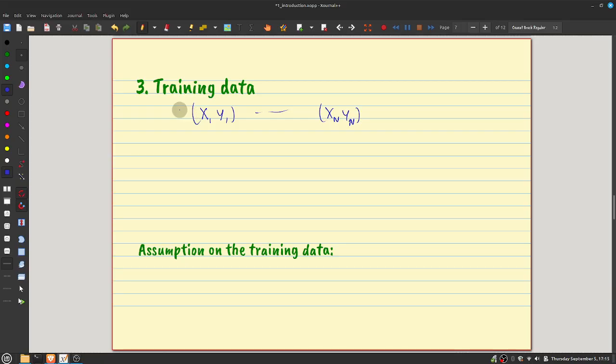And if we are to design a good learning algorithm, then the training data has to be representative of the ground truth. Otherwise, there is no hope. So in particular, we'll assume that these xi, yi's are also distributed according to the ground truth.